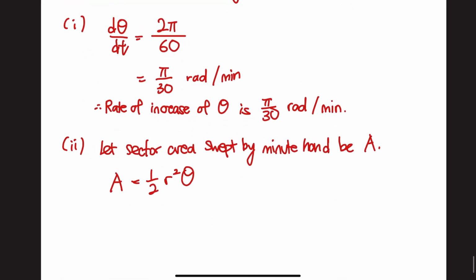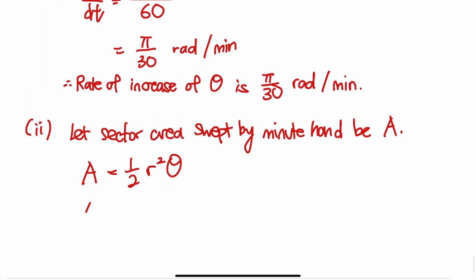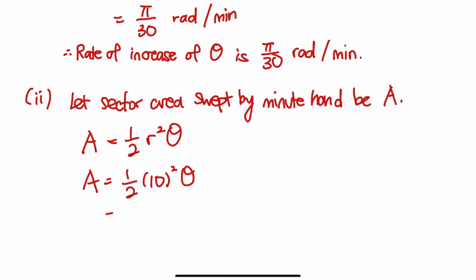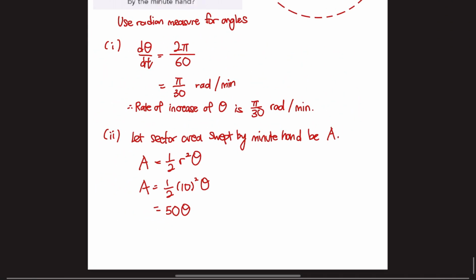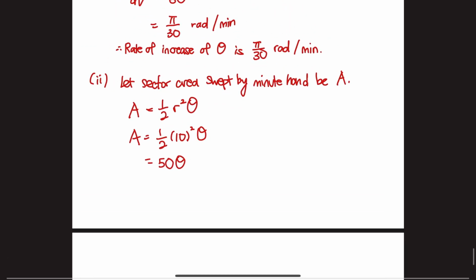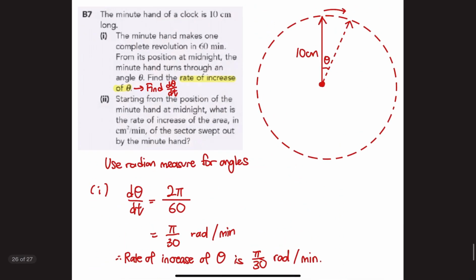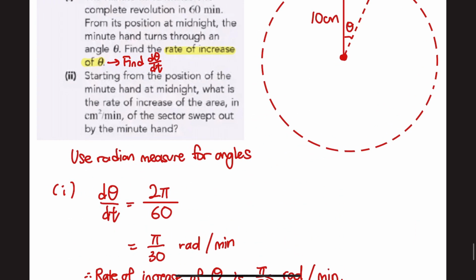So the sector area is simply half times 10 squared times theta. Sector area is simply 50 theta, depending on the angle swept out by the minute hand. The question wants us to find the rate of increase of area. Essentially, we are supposed to find dA over dt.